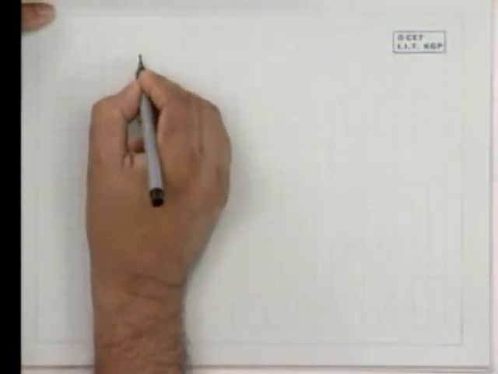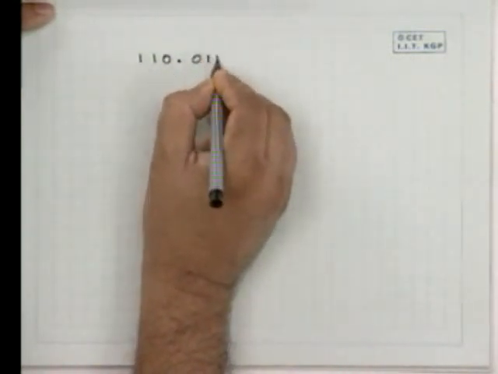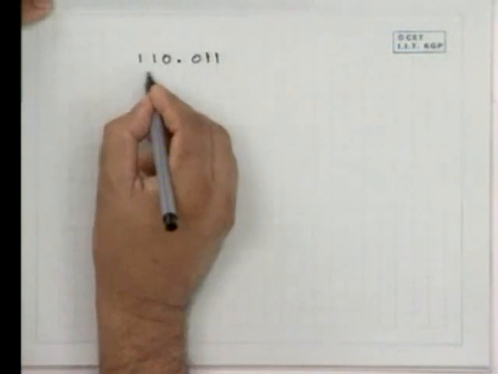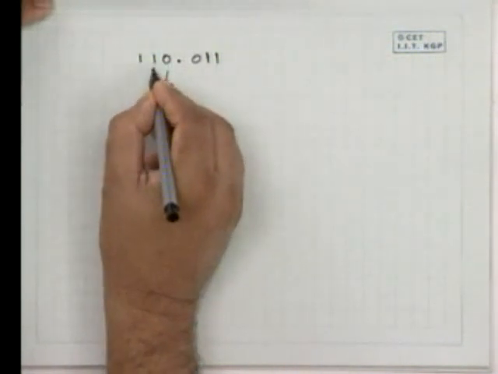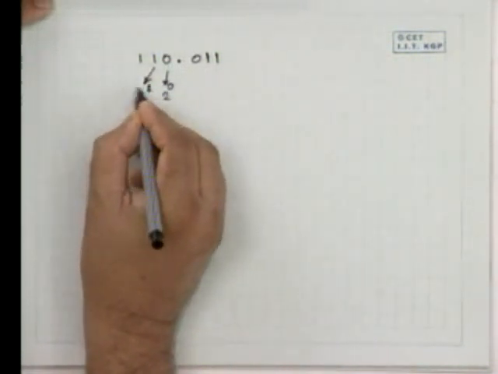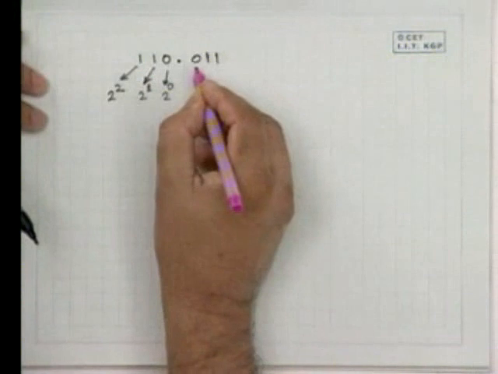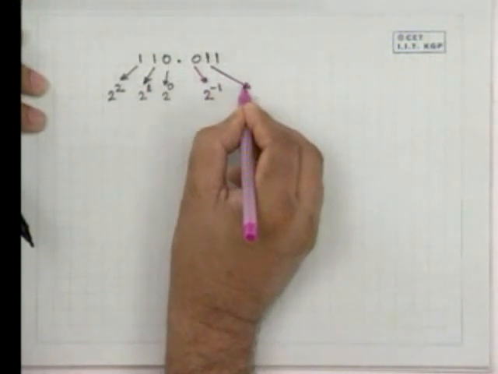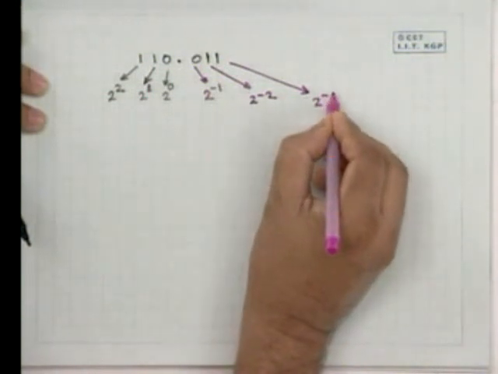For example, we will represent a number, say 110.011, such that this has a weightage of 2 to the power 0, this has a weightage of 2 to the power 1, this has a weightage of 2 to the power 2, and anything that comes after the binary point will have a weightage of 2 to the power minus 1, this 2 to the power minus 2, and this 2 to the power minus 3.